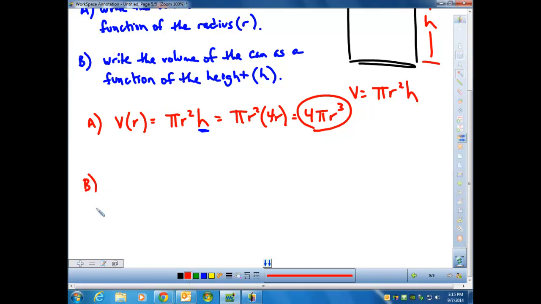Now remember, every time I see an r, I'm going to replace it with some substitution involving h. So if my h equals 4r, then that would mean that my r would be h divided by 4, or 1/4 of the height. So when I come across my radius here, I'm going to take that out, and in its place I'm going to plug in h divided by 4.